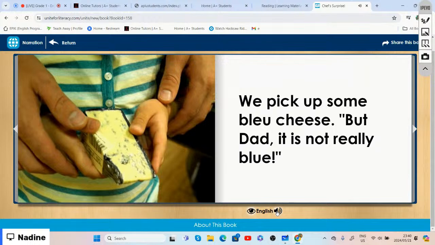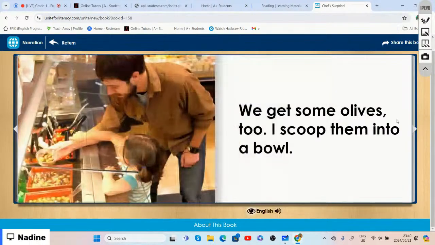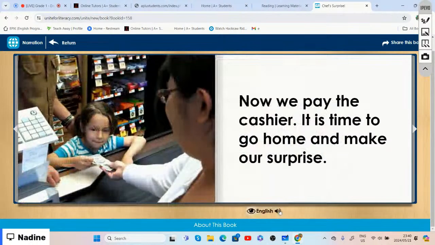But Dad, it is not really blue. We get some olives too. I scoop them into a bowl. Now we pay the cashier.